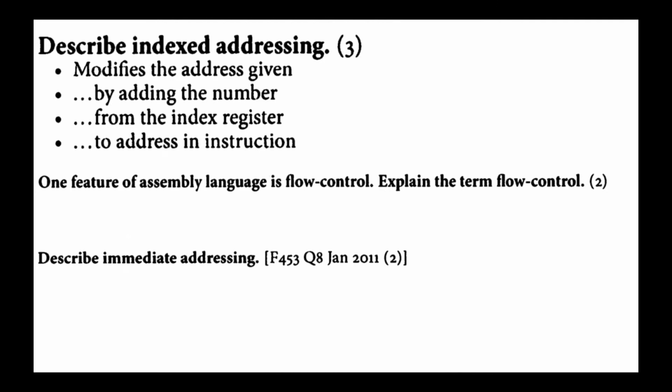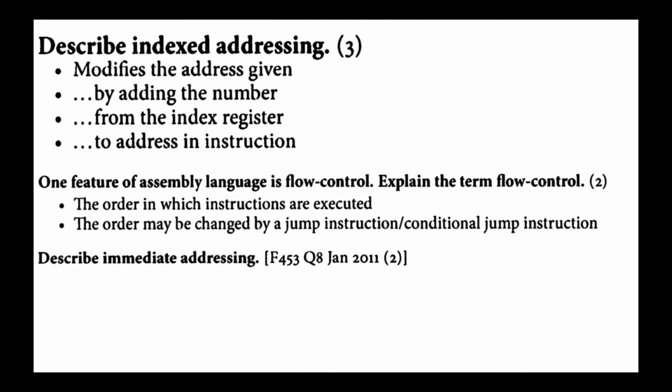One feature of assembly language is flow control. Explain the term flow control. Ooh, I didn't actually cover this, did I? Oh well, I've covered it now. It is the order in which instructions are executed.